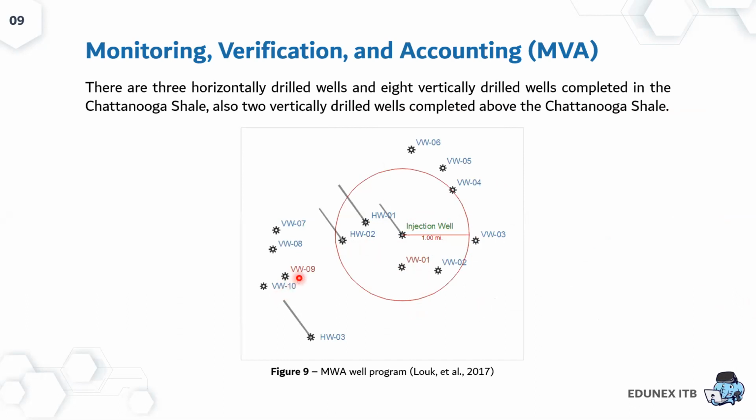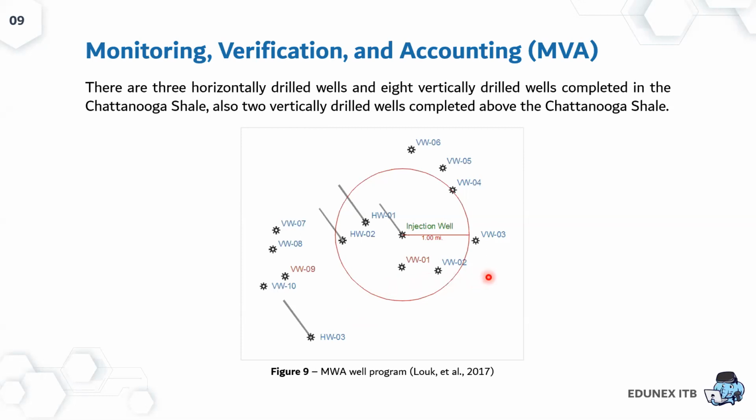There are 3 horizontally drilled wells and 8 vertically drilled wells completed in Chattanooga Shale. Also 2 vertically drilled wells completed above the Chattanooga Shale. So the blue and the red symbols indicate wells that were completed inside and outside the formation, respectively.